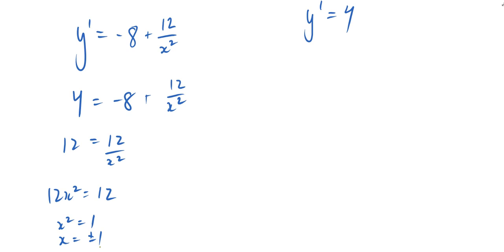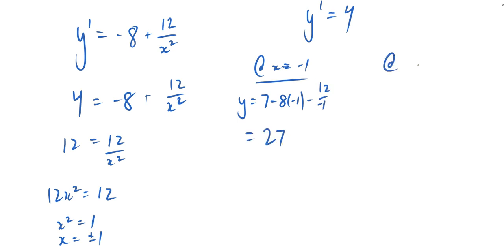And it said find the points. It didn't say find the x values. I found the x values, but it said find the points. So at x equals negative 1, y equals 7 minus 8 times negative 1 minus 12 over negative 1. I think that works out to 27.